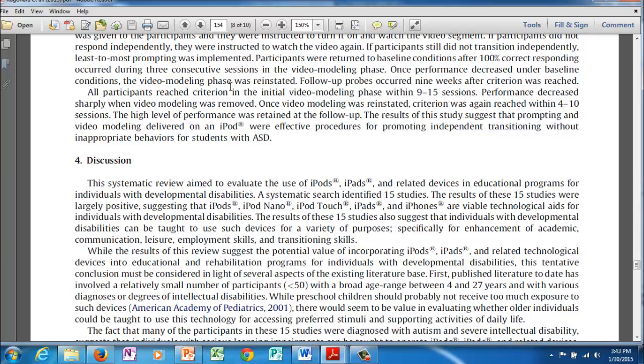So that's the results section of a lit review: a summarization of all of the studies that you found related to your topic. And then the last section is the discussion.